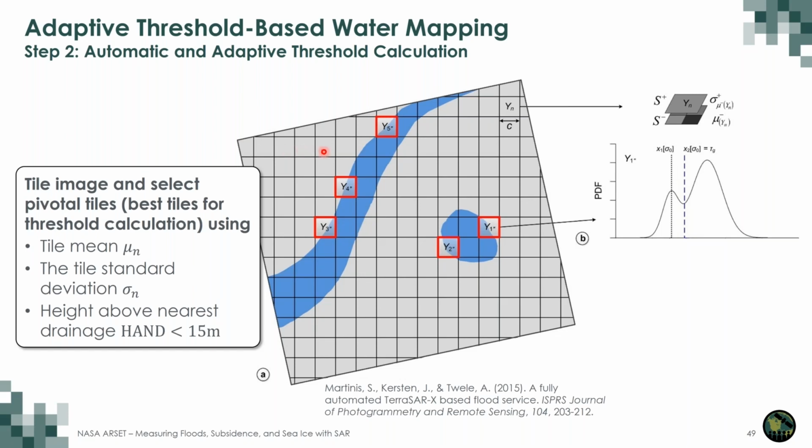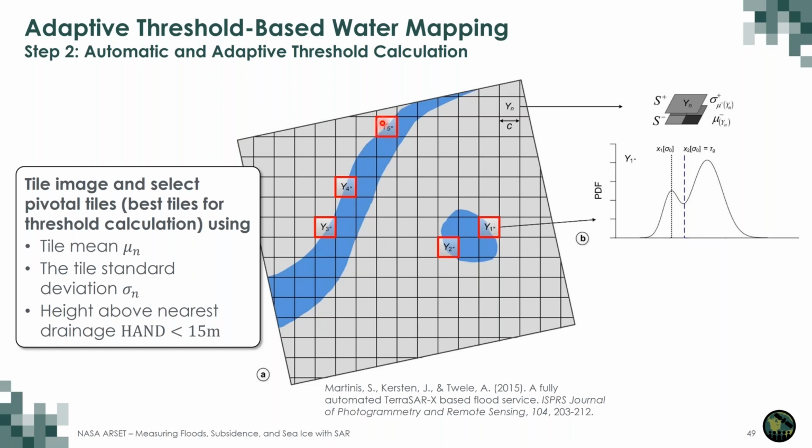Of all of these tiles, we try to initially identify tiles that contain roughly equal amounts of water and land. The way we identify those tiles is we look for tiles that are darker than the average tile brightness, and where the distribution of brightnesses in a tile has a larger standard deviation than the average.